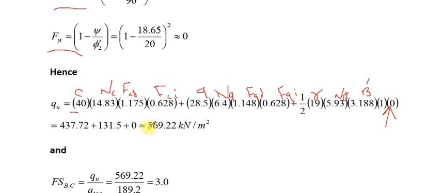Therefore, the result will be 569. This is the ultimate bearing capacity of the soil.